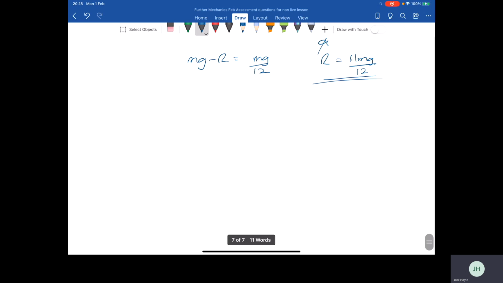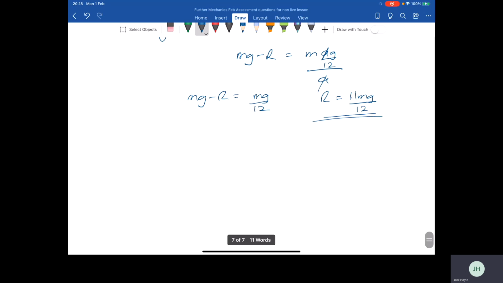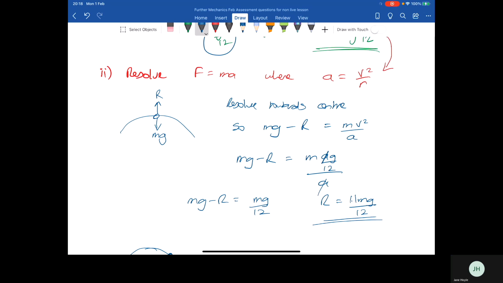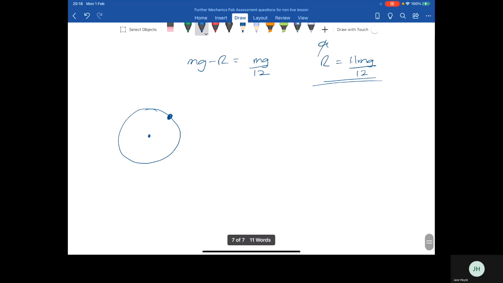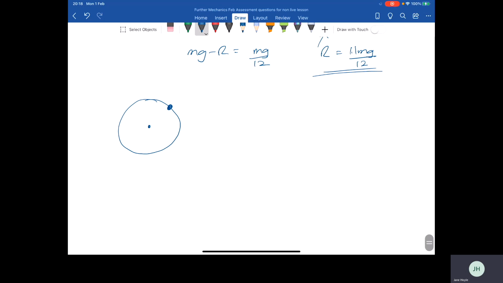Now, that was particularly nice because we were given it at the top, but if we had to work out an expression for the normal reaction, if, say, we were at that point there, we still need to resolve towards the center. That is where our acceleration is acting. We would have R there, but we would have mg acting downwards.